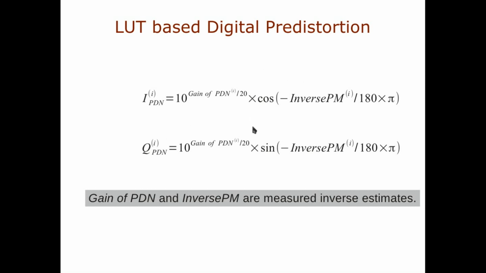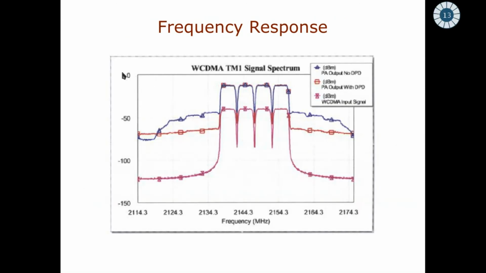Similarly for Q, here you should multiply by the sine of the component. So the inverse estimates that are actually being computed are the inverse phase modulation as well as the gain of the pre-distortion network. Now finally you can see that the frequency response after and before the pre-distortion are completely different.